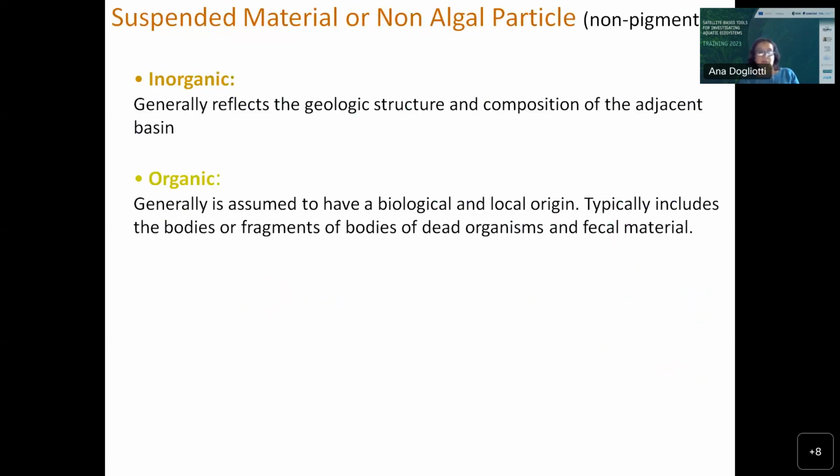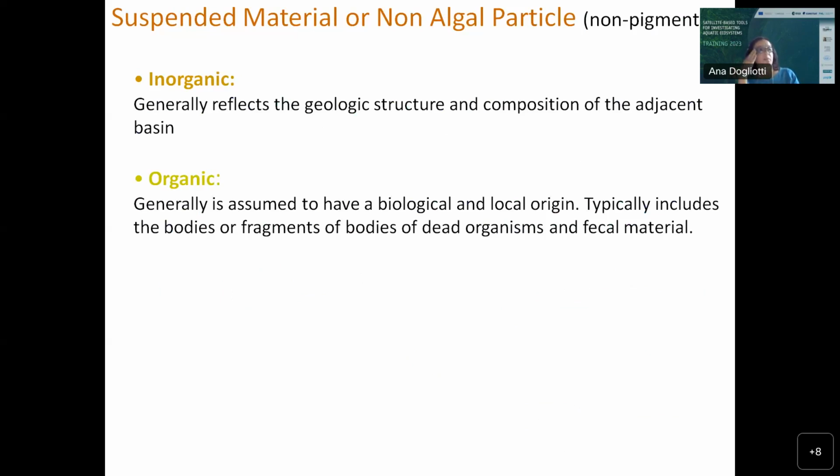The third group is the suspended material or non-algal particles. So these are particles that don't have pigment. In general, it's mainly inorganic, so sediments, which reflect more or less the geology or the earth that is adjacent to the basin you're looking at. But it also has an organic part.